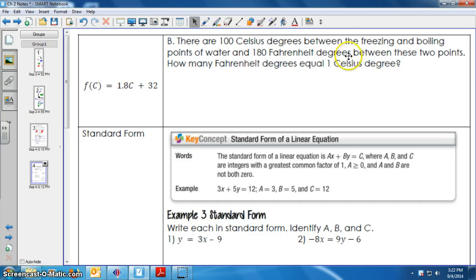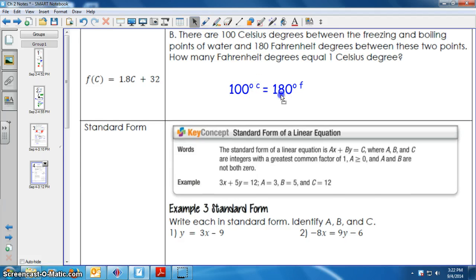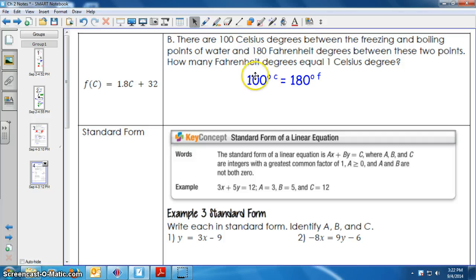For this example, it looks like we have 100 degrees Celsius, and that is equal to 180 degrees Fahrenheit. So if we are trying to get 1 degree, we would undo this 100 by division, and we would divide both sides by 100.